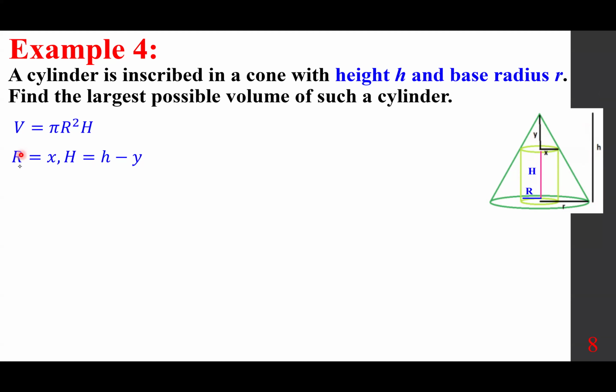So again, R is missing, capital H is missing. However, since R is missing, we're going to call it X to work with X. And capital H from the graph, we see is the height of the cone minus this distance Y at the top of the cylinder.